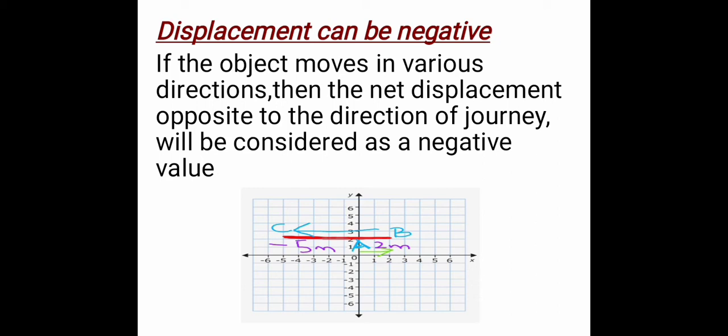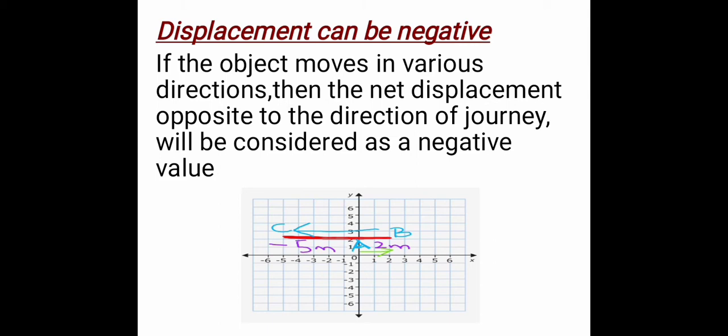Consider the given example. The starting point or the initial point at which the body starts to move is point A. It is at positive y-axis plus 2. It starts in the right direction. It moves 2 meters in positive x-axis and reaches B. And then it goes back to point C, which is in the opposite direction.